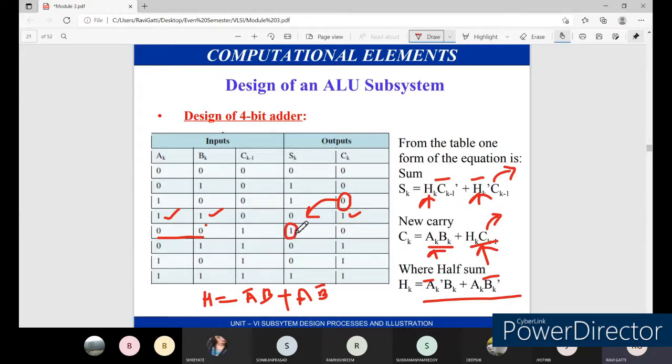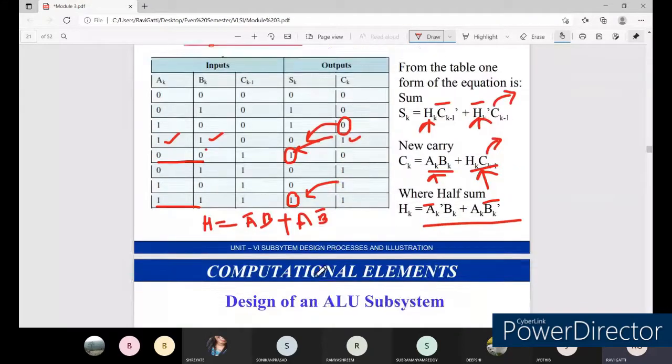The sum will be the previous Ck. Also, when A is equal to 1 and B is equal to 1, what is the sum? The sum is nothing but the previous value. So the previous Ck is this.